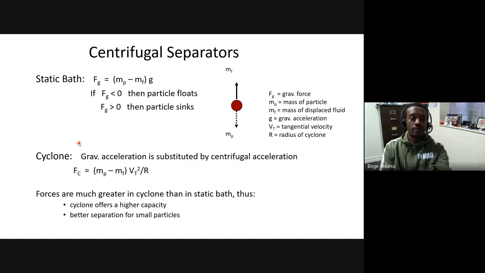Okay, so I said coarse particles are reasonably okay to be processed using static bath separators. But in cases where that's not the case, for example, in the static bath, particles were simply sinking under the influence of gravitational acceleration. When they're denser than the media, they sink. When they're lighter than the media, they float.